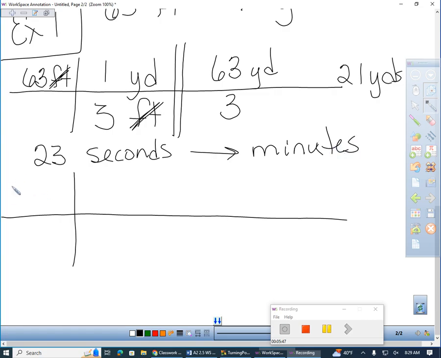So I'm going to start by putting 23 seconds in my first set of boxes. My next set of boxes is my conversion factor. Since seconds is on the top, I have to put seconds on the bottom. And I can go from seconds to minutes.